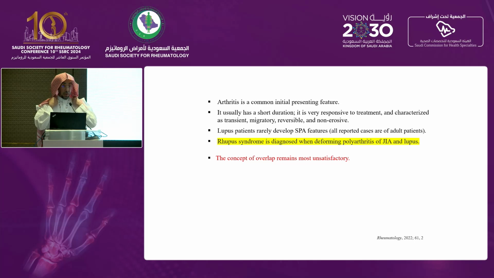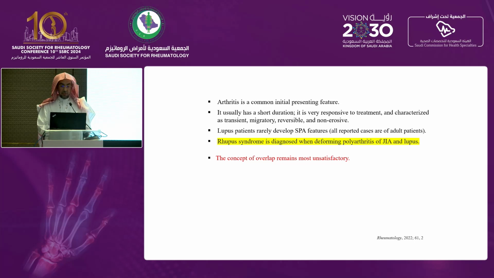We have to figure out what is the cause, rather than using overlap or mixed connective tissue disease, not the real mixed connective tissue disease. You need to have some genetic test to figure it out. So in summary, lupus remains a challenging disease, both diagnostically and in terms of long-term management. It remains the great mimic for many diseases.